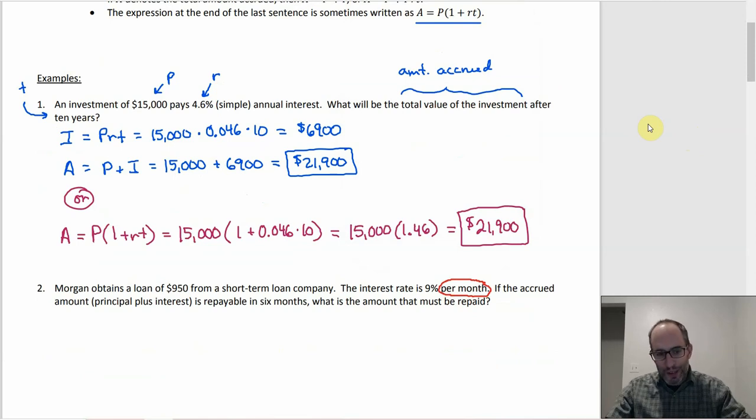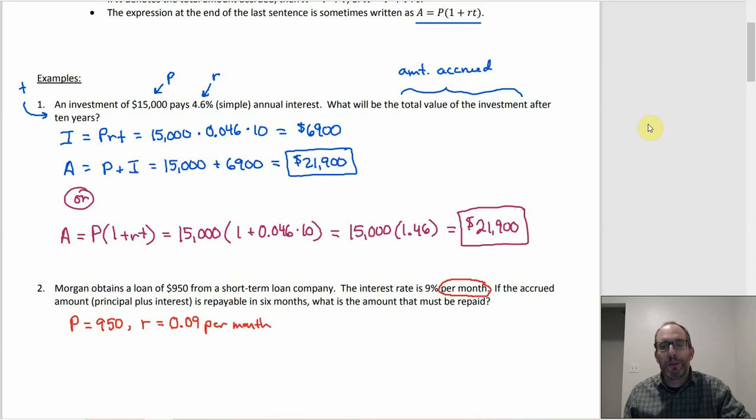All right, well then, let's see what we've got. We've got that P, the principal amount of the loan, is $950, right? So we know that. So P is $950. We know that R, the interest rate, it says 9% per month. So I'm going to convert that into decimal form and say 0.09 per month.